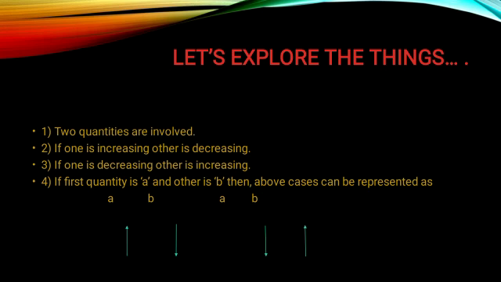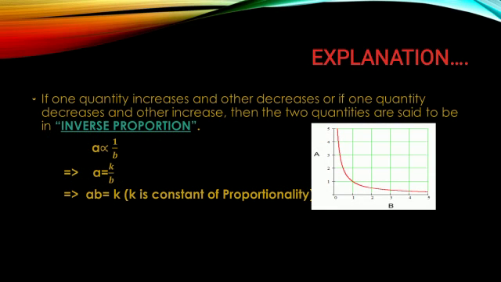So this is the knowledge that we have got from the last examples, and now we are in a position to explain what actually inverse proportion is. What we have learnt: if one quantity increases and the other decreases, or if one quantity decreases and the other increases, then the two quantities are said to be in inverse proportion. Is it clear to everyone? If one increases, the other decreases, and if one decreases, then the second one will definitely increase.